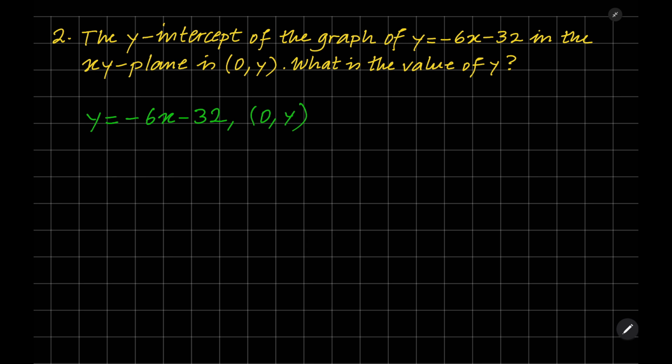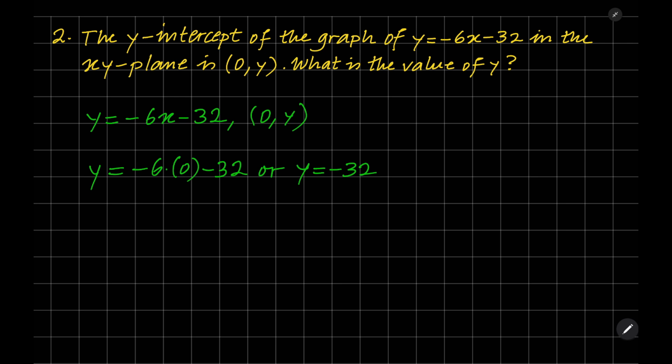Substituting 0 for x in this equation yields y is equal to minus 6 times 0 minus 32, or y is equal to minus 32.